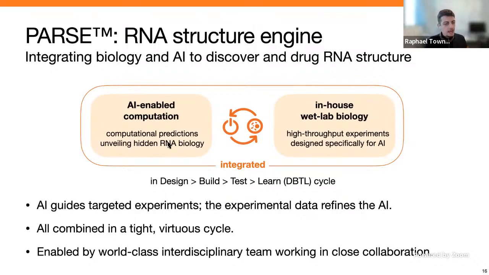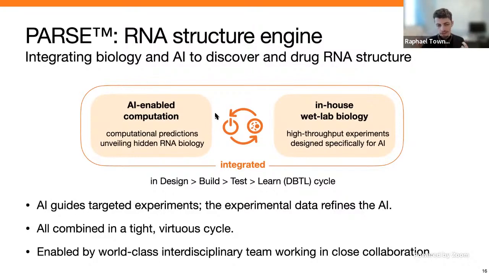On the one hand, we have the AI-enabled computation that can guide targeted experiments. On top of that, the experiments can further refine the AIs and be taken in the areas of low confidence, in this sort of active learning type of process.